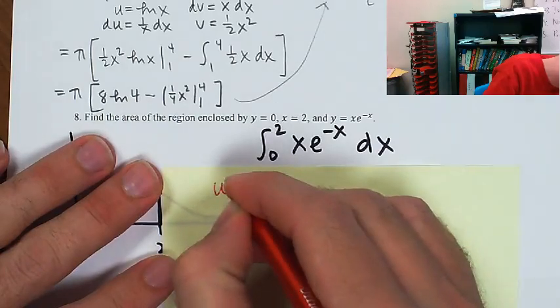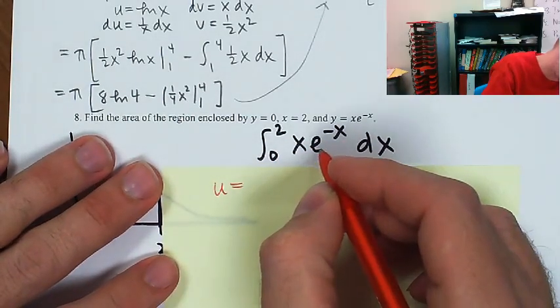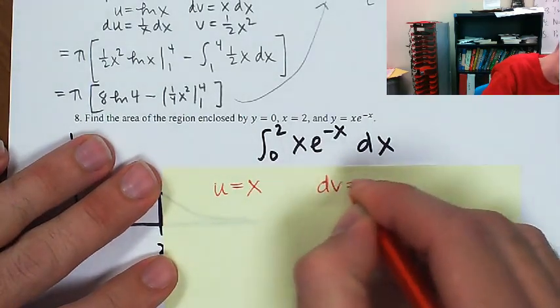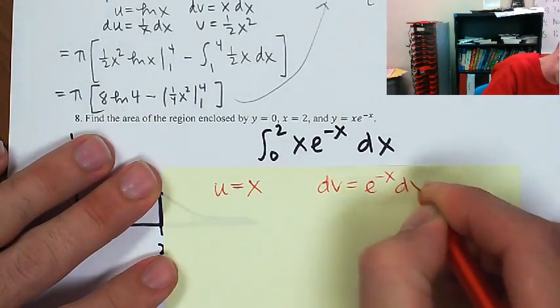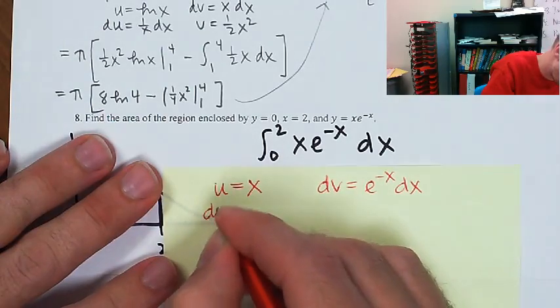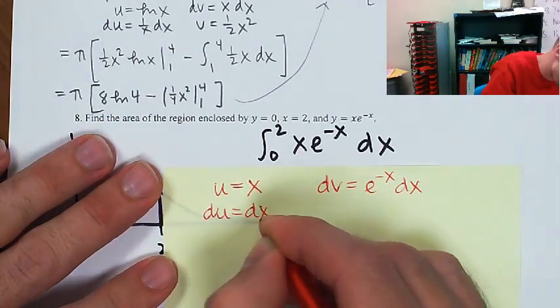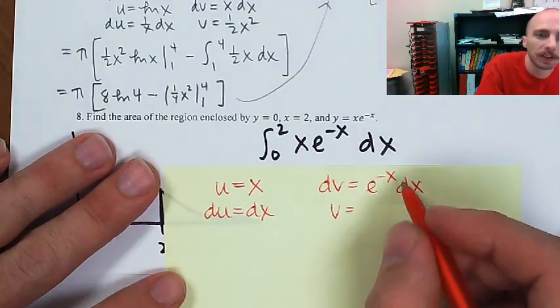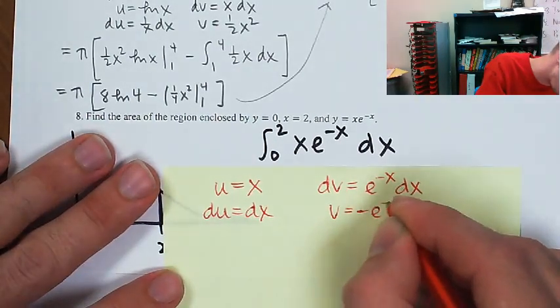Okay, so u equals x, this is not a u du scenario. I late algebra before exponential. And v is going to be negative e to the negative x to prepare for the chain rule.